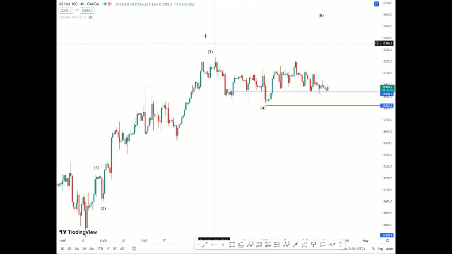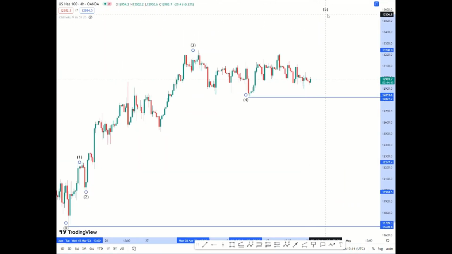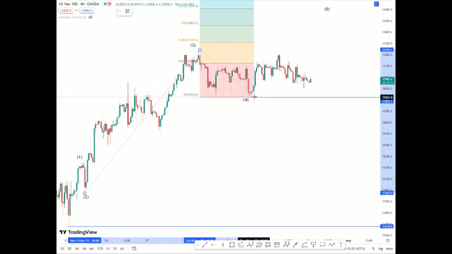So that is an acceptable percentage. So we're going to be targeting 5 right now, and we're going to be taking our fib extension from where we started. It's 2 to 3 to 4.